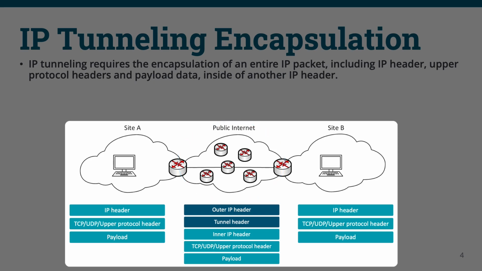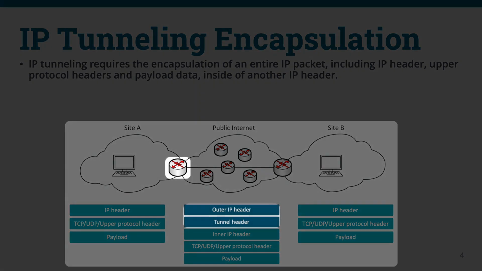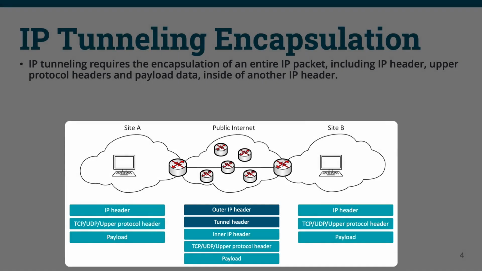If Site A is sending an IP packet to the destination machine at Site B and will traverse an IP tunnel, then the router here at Site A will encapsulate the packet in an outer IP header and a tunnel header. The tunnel header includes some control information about the tunnel itself.